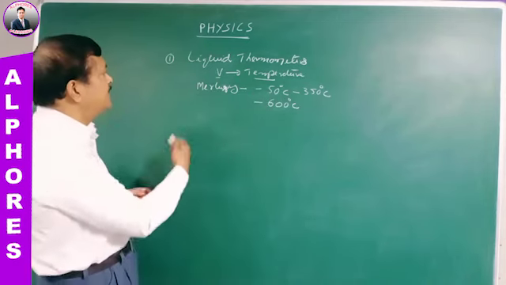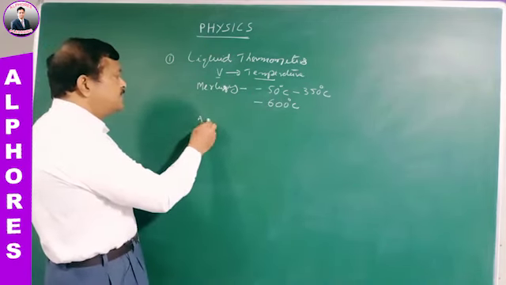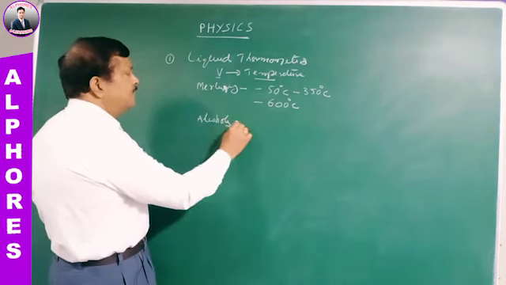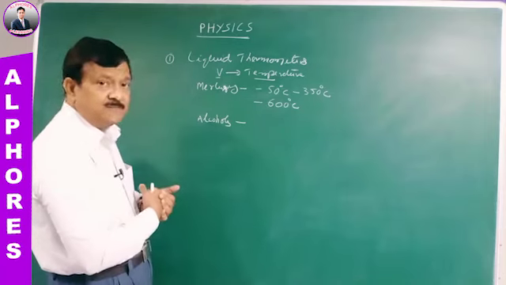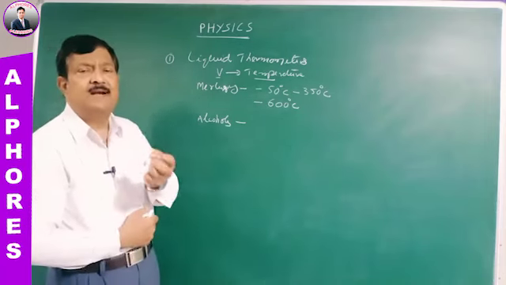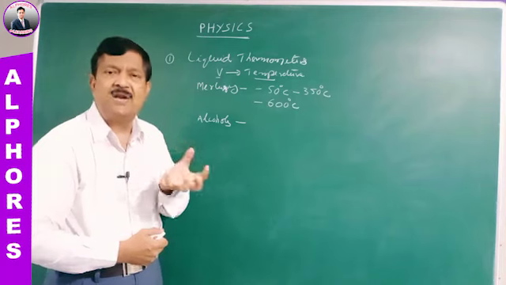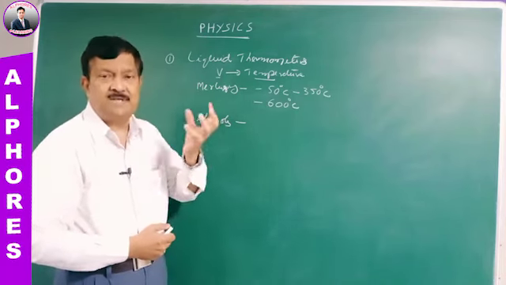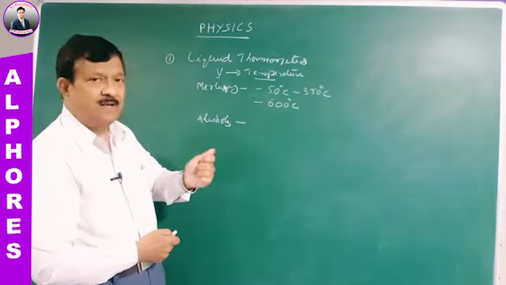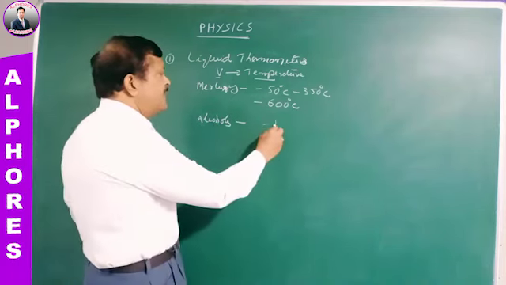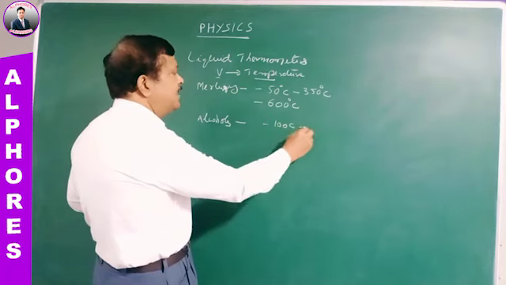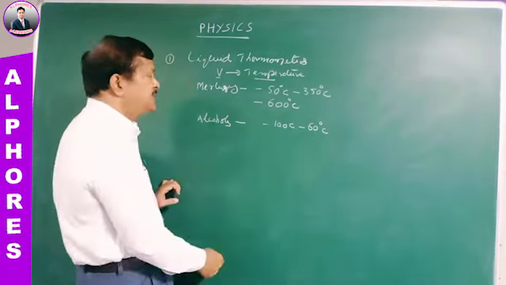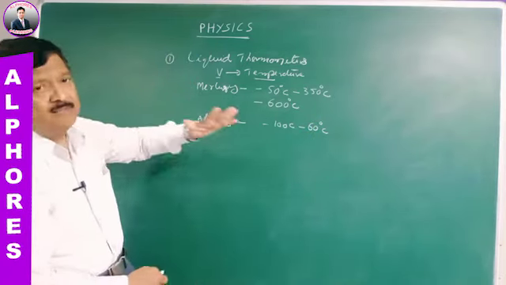Coming to the other one, we can also use alcohols to measure the temperature, which are known as alcohol thermometers. As we said, alcohols evaporate easily, so you cannot measure higher temperatures using them, but from around minus 100 degrees centigrade to some 60 or 70 degrees centigrade, we can measure using alcohol thermometers.